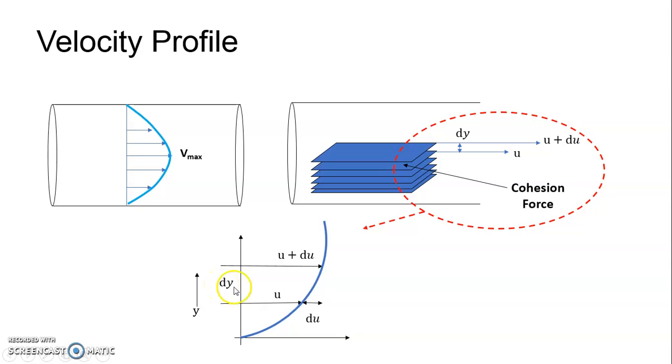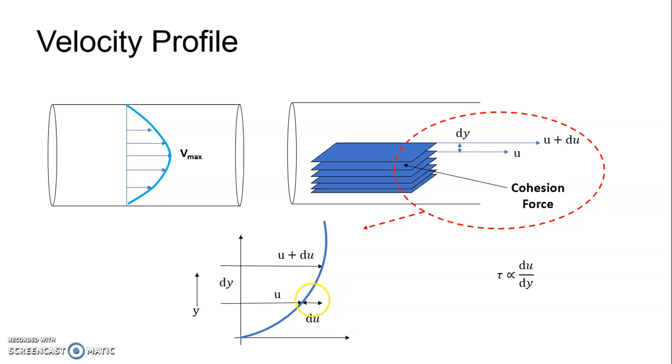Yes, so at this point we can define something called velocity gradient, which is also called the rate of shear strain. Velocity gradient is u plus du minus u, the difference in velocity, in the y direction, that is dy. u plus du minus u divided by dy. u and minus u get cancelled, and du by dy is the velocity gradient, or the same is coined as the rate of shear strain.